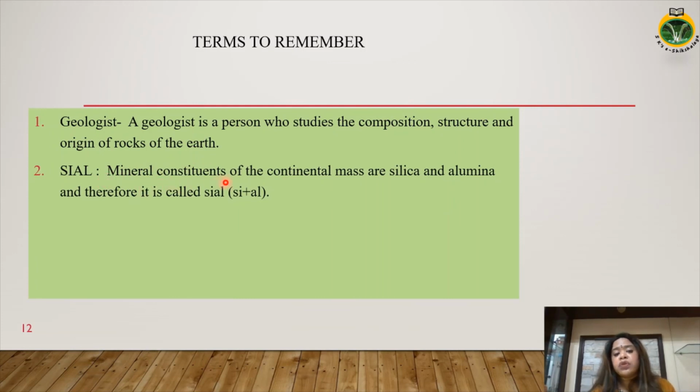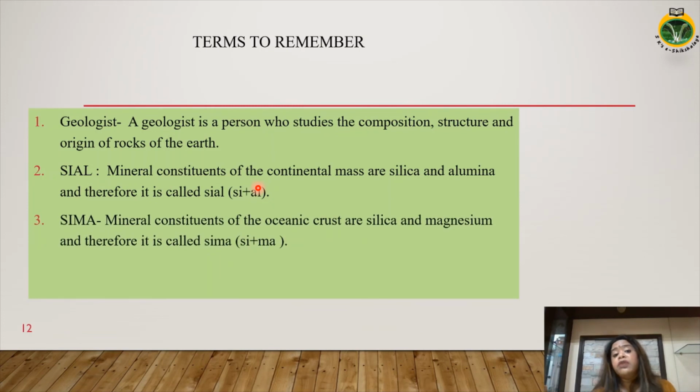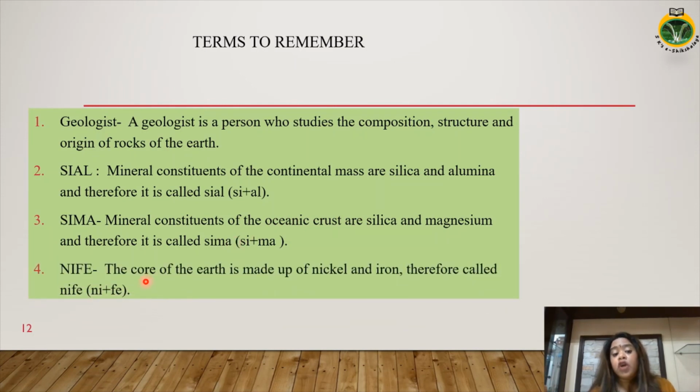Mineral constituents of the continental mass are silica and alumina, and therefore it is called Sial. Sima. Mineral constituents of the oceanic crust are silica and magnesium, and therefore it is called Sima. Nife. The core of the Earth is made up of nickel and iron, therefore called Nife.